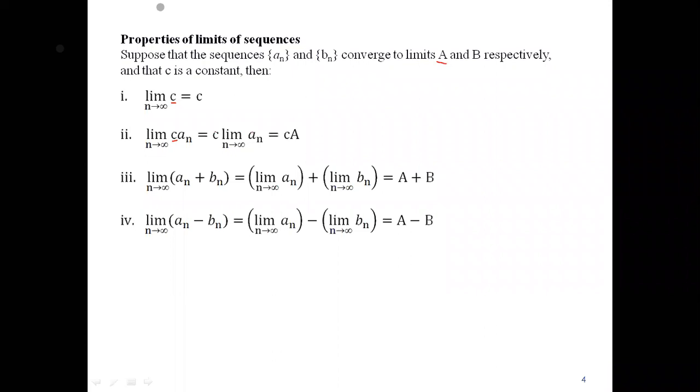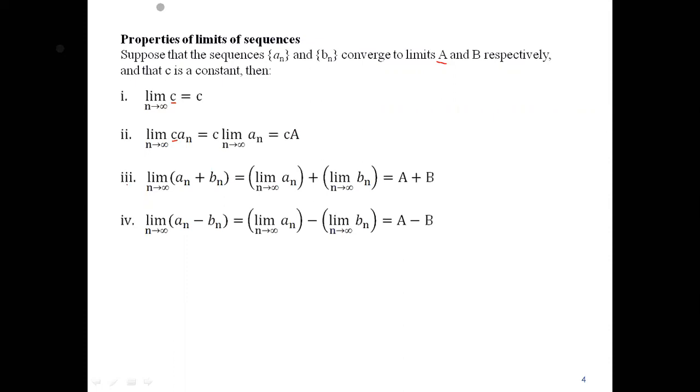If you take out the constant, you remain with the limit of an as n approaches infinity. So the final answer becomes the product of the constant C and the limit A.